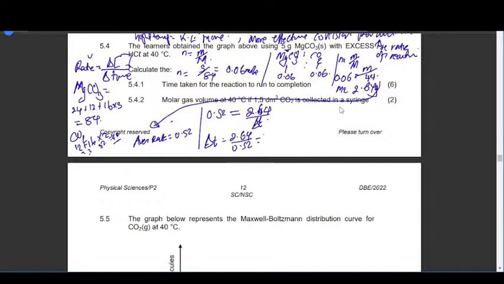You can use the calculator and find out the actual answer, 4 point something.